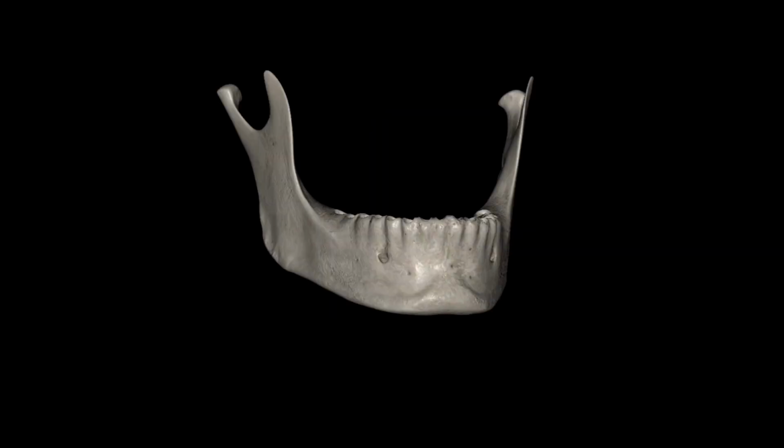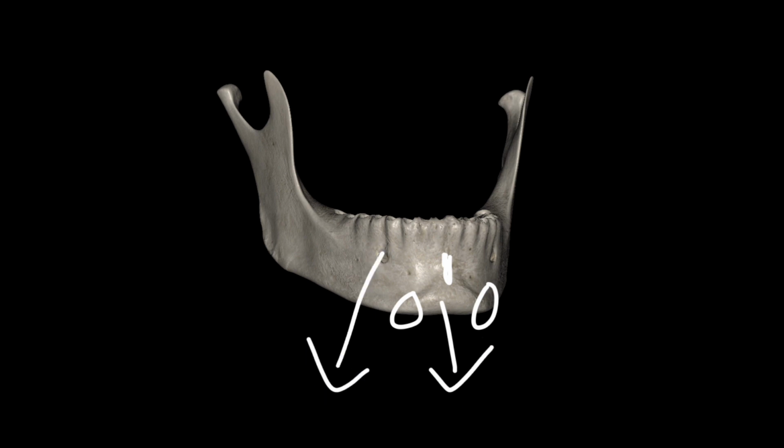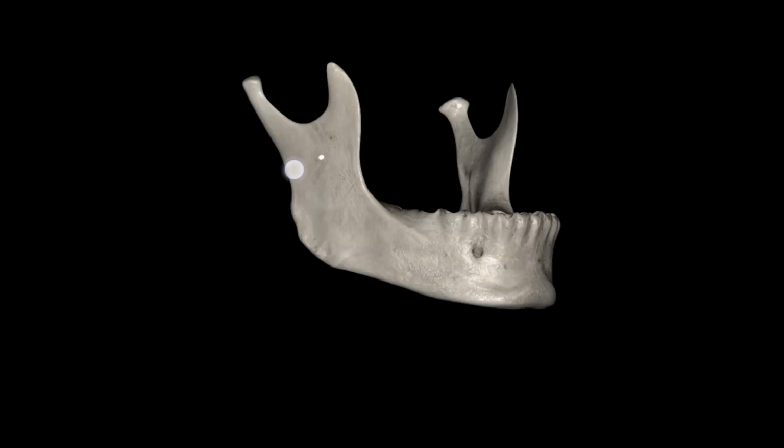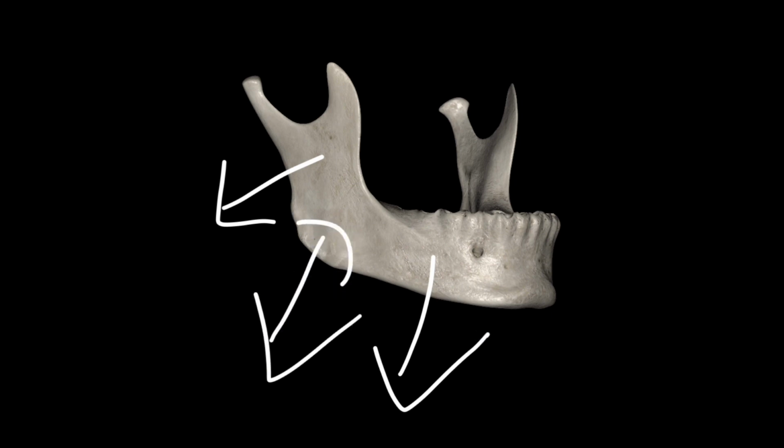Let us revise quickly. This is the symphysis menti. These are mental tubercles and this is the mental protuberance. This is the mental foramen. This is the oblique ridge. This is the ramus of the mandible, body of the mandible, angle of the mandible.